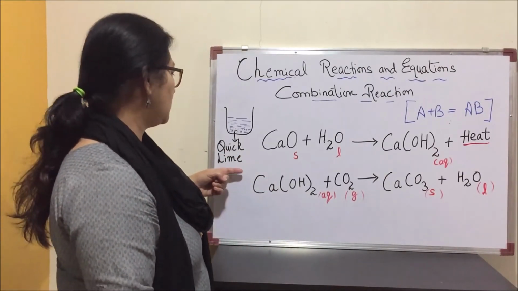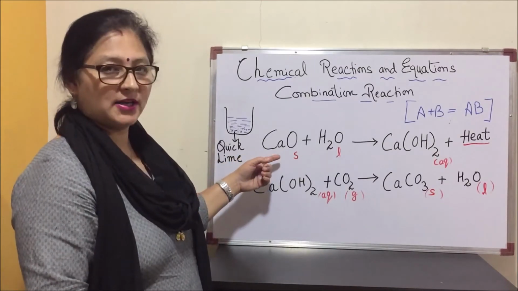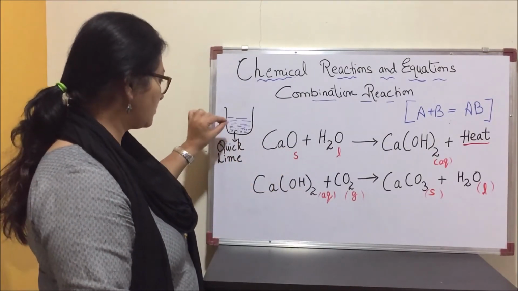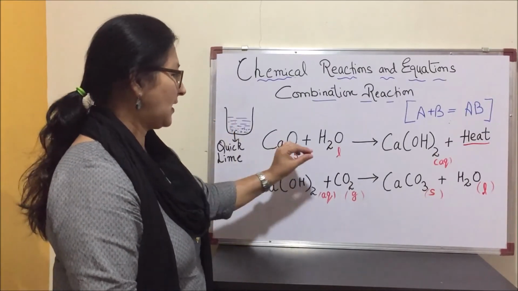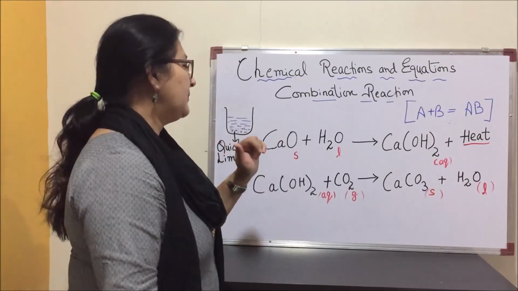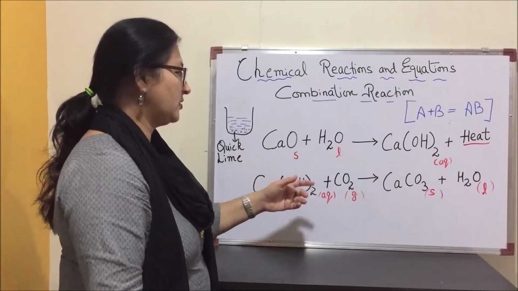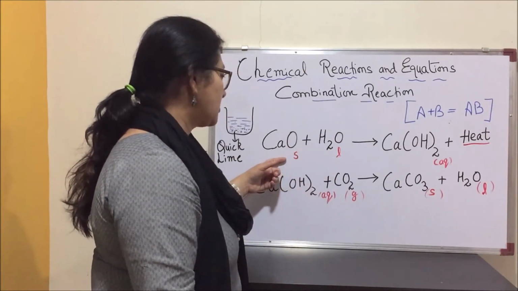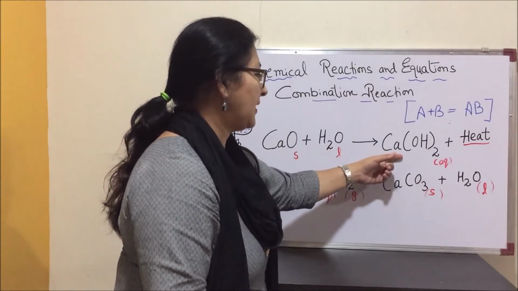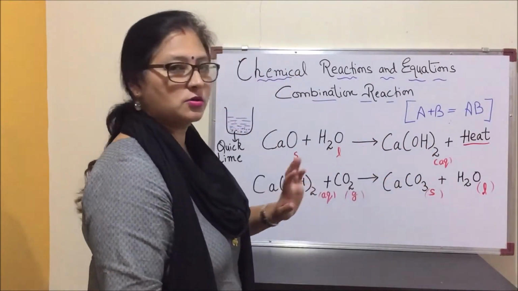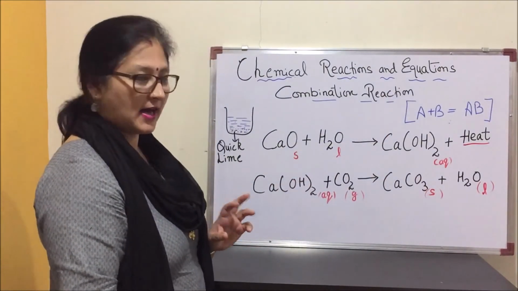Let's see the reaction. Quicklime, which is nothing but calcium oxide: when you add water slowly to the crystals of calcium oxide, you have to add it slowly because heat is liberated and this is a very vigorous reaction. So when you add calcium oxide and water, you get a product which is calcium hydroxide, also known as slaked lime.